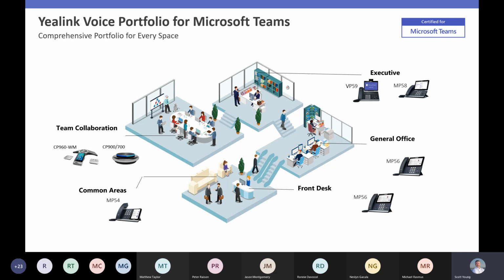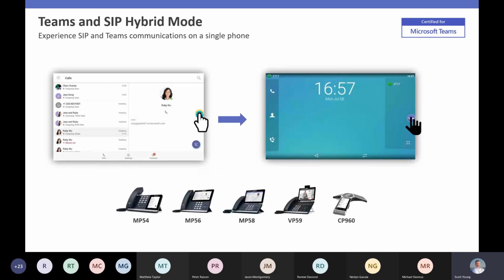Now, another unique and, I think, really cool feature with the Yealink Teams phones is the ability to enable what they call hybrid mode. What hybrid mode allows us to do is run SIP and Teams on the same phone. For those of you that don't know, a Teams phone runs Android.